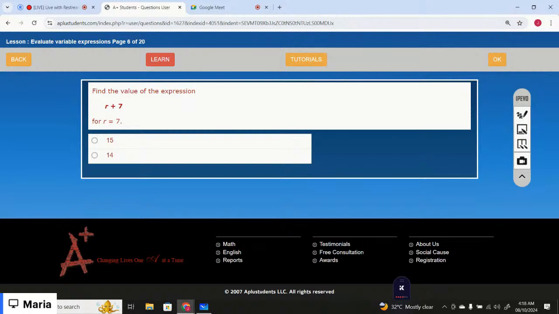That is 7 plus 7 equals 14. So option number 2 is the correct option. The correct option is 14.